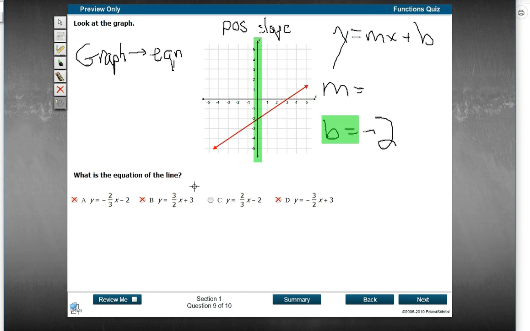Again, we can also check to make sure that our answer is indeed C, because it's our change in y over our change in x. So if we go 1, 2, 3 steps to the right, and then 2 steps up.